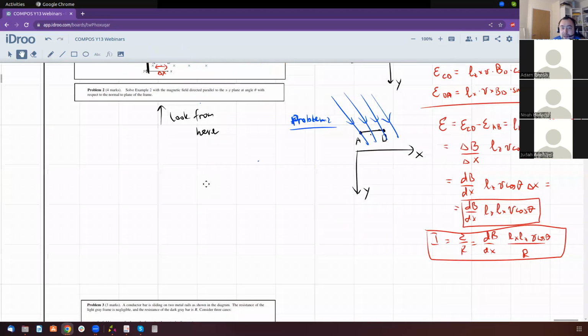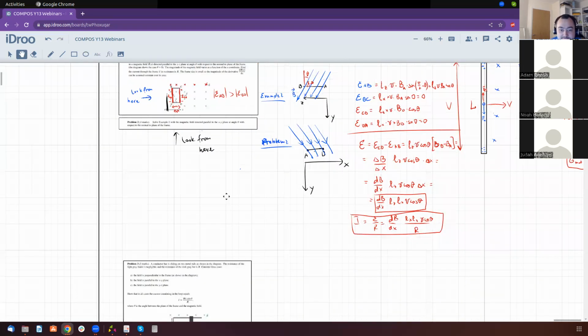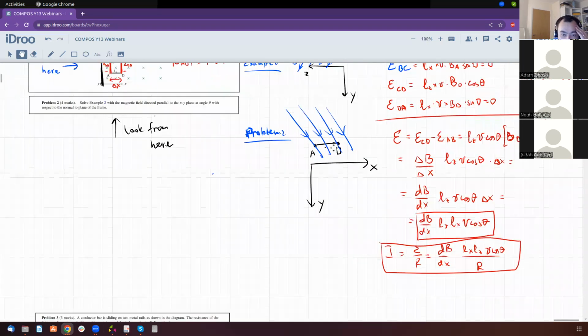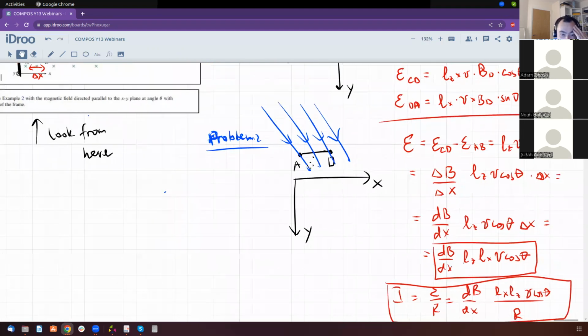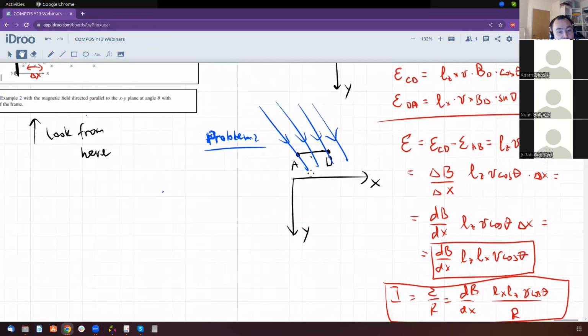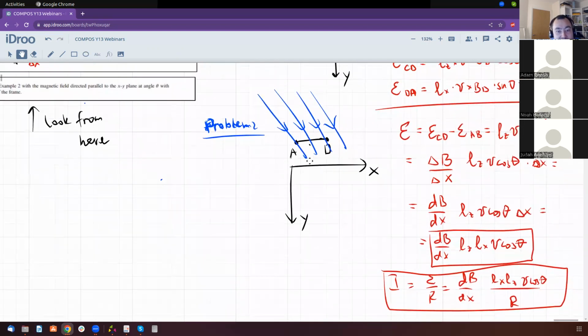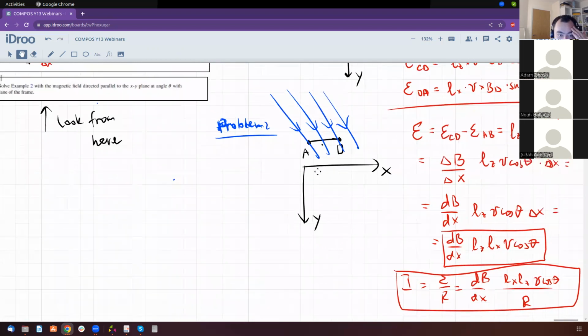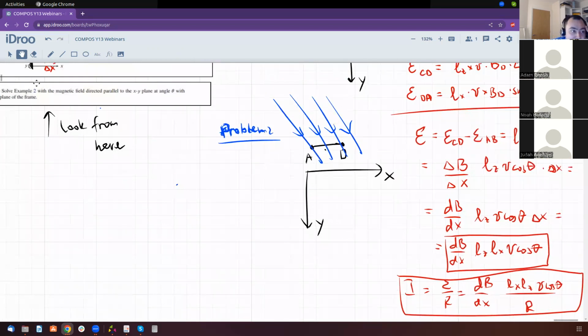Right. Now, problem 2 is the same thing, but now we have a different plane at which the field is coming from. But here we have EMF.